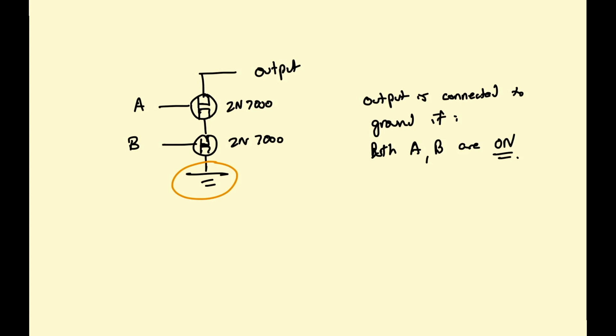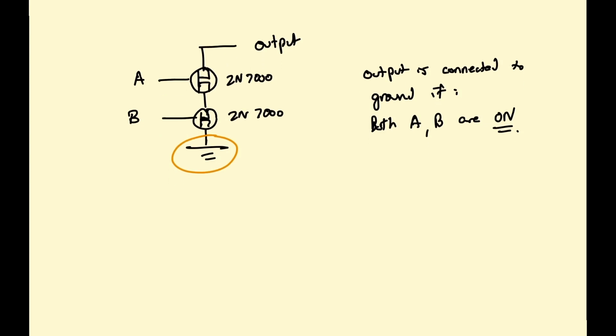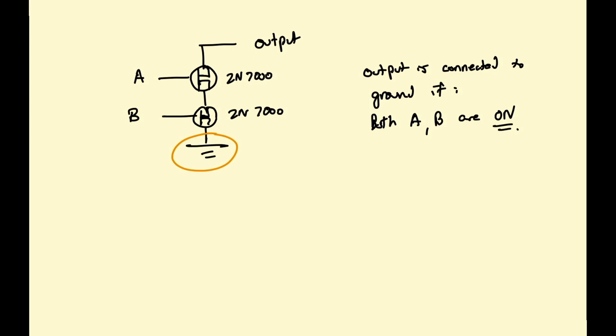So what that means is that the output here is of this form. It's the output is not A and B. Now, why the not? If A and B are both true, on, what happens to the output?